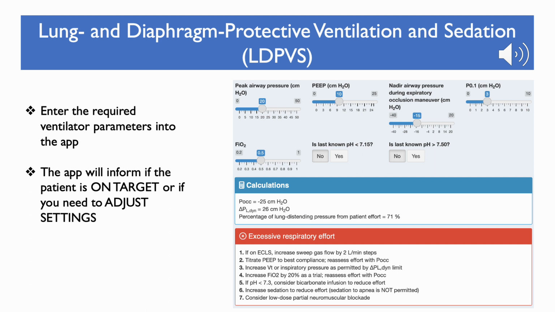If necessary, sedation can be increased while making sure that the patient doesn't stop breathing. Finally, if all those interventions have not achieved acceptable respiratory effort, then a trial of partial neuromuscular blockade should be attempted. The protocol specifies details on how to do this.